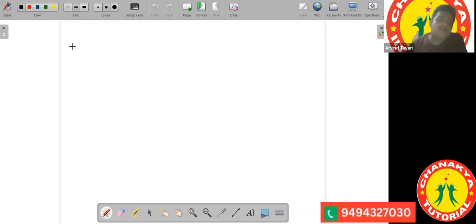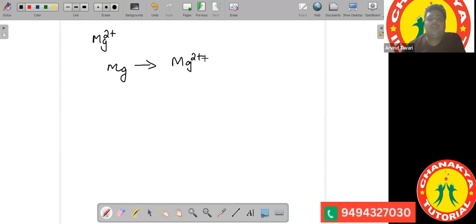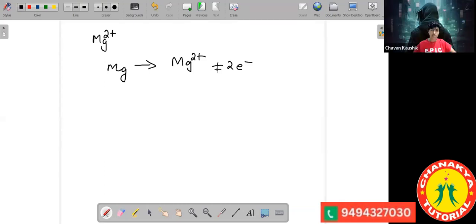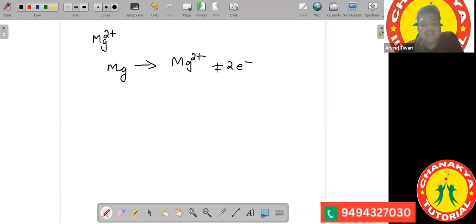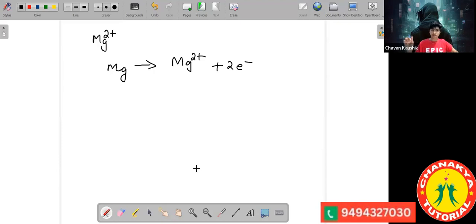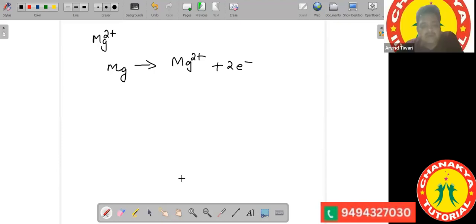If I write Mg2 plus, it means it was earlier magnesium, and this magnesium becomes Mg2 plus by giving out 2 electrons. It has donated 2 electrons, so it has just 2, 8 only.